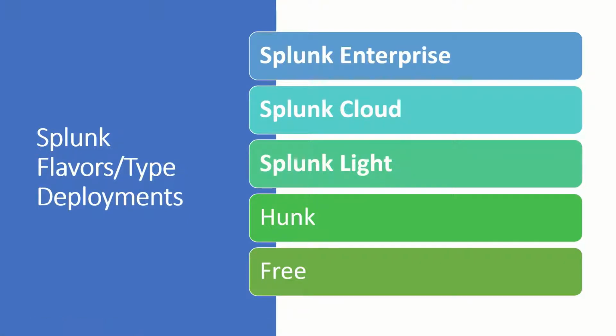So the first one is Splunk Enterprise, where you have your own infrastructure on which you want to install Splunk. You just need to download Splunk from the Splunk site and then install it on your premises, your infrastructure.